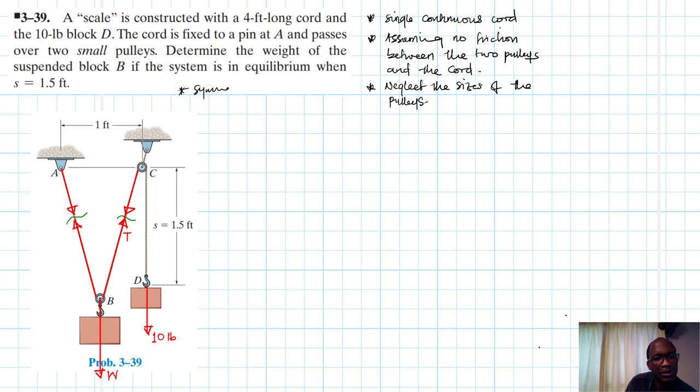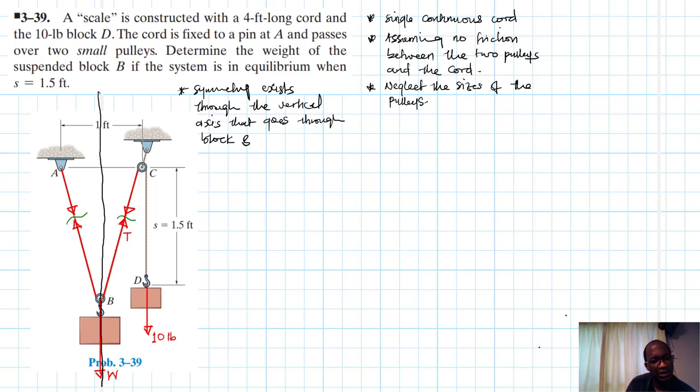Symmetry exists through the vertical axis that goes through block B. So we have symmetry about this axis here, right?